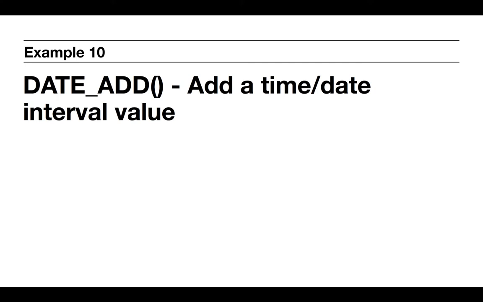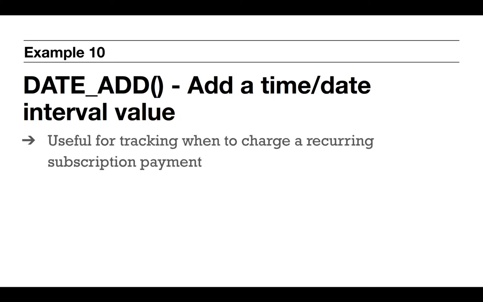If you wanted to add a specific time or date interval value, we can use the date add function. This is helpful if you're trying to calculate when to charge a particular user if they're on a monthly subscription payment plan, or when a bill is due, you can use the date add function.